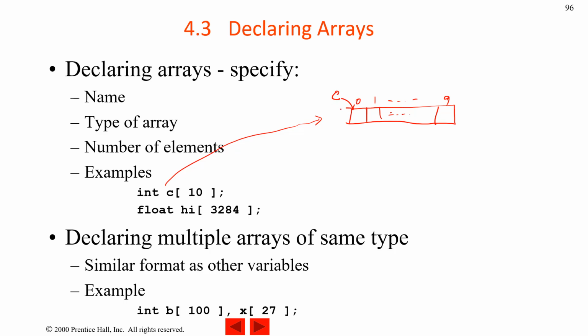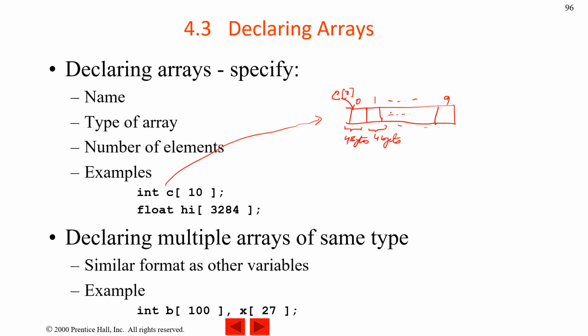This is the interpretation of what this means. C is the starting location, or C of 0, and there are 9 other places, so it's a total of 10. Each block over here is an integer, so each block here is 4 bytes, and so on.